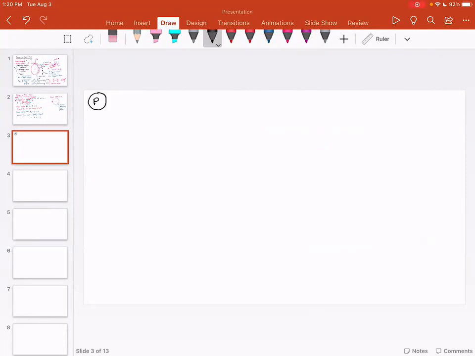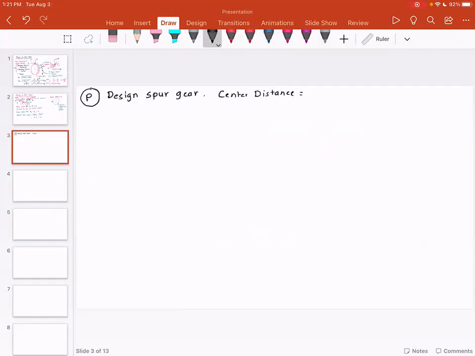So design a spur gear train. And the design constraint is center distance is equal to 500 millimeters. And this is the geometrical consideration. So basically, you can't have gears apart from each other.